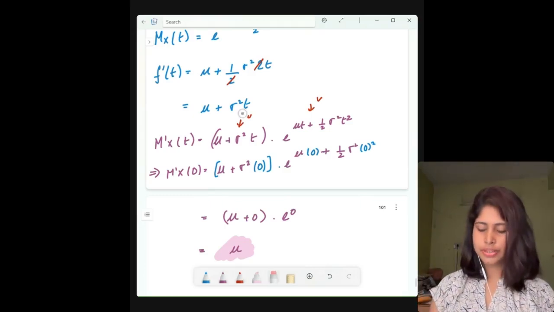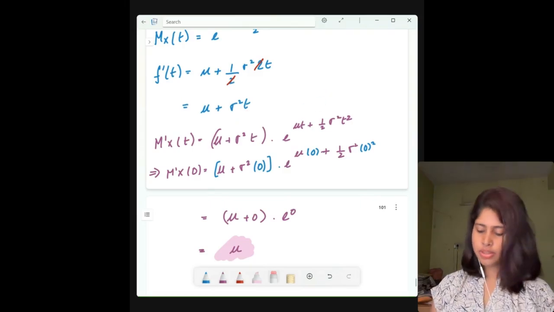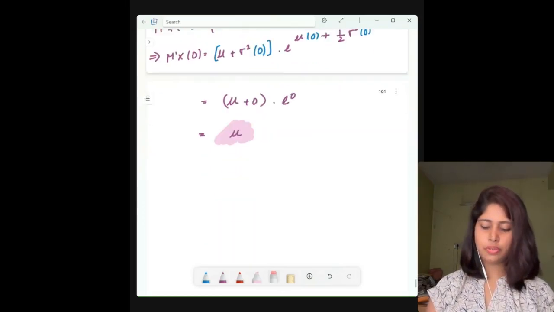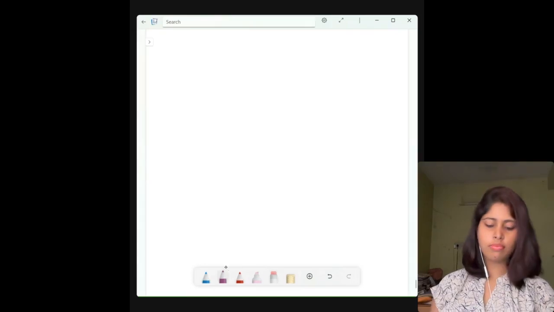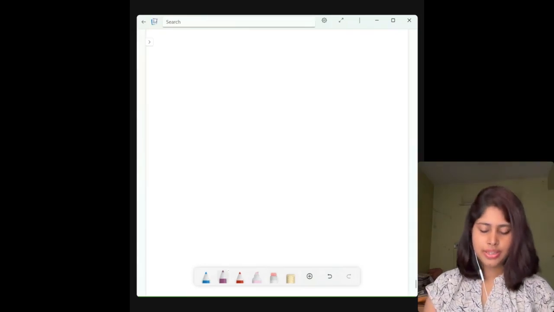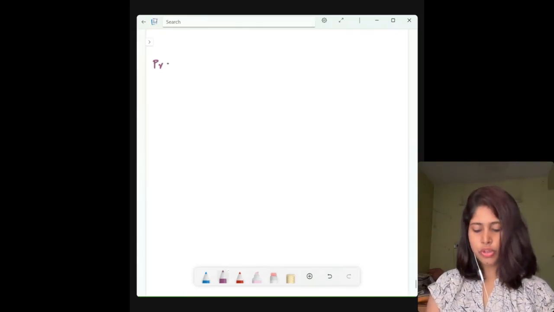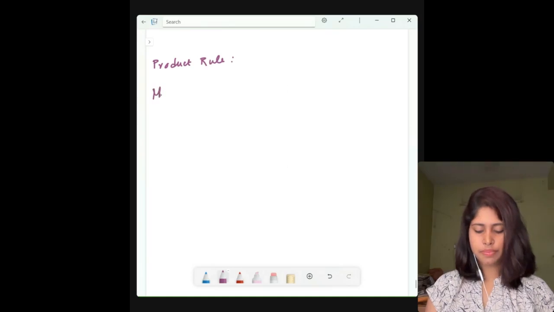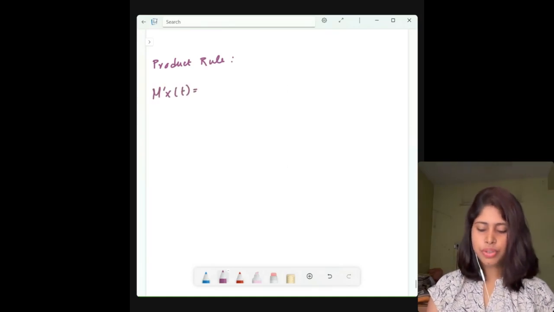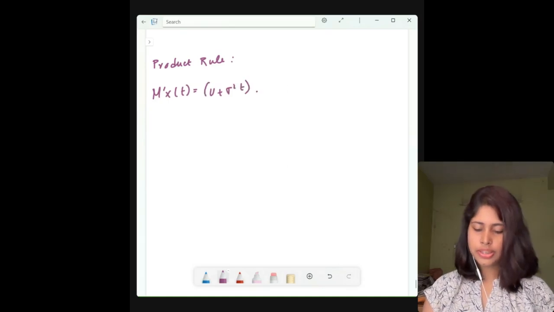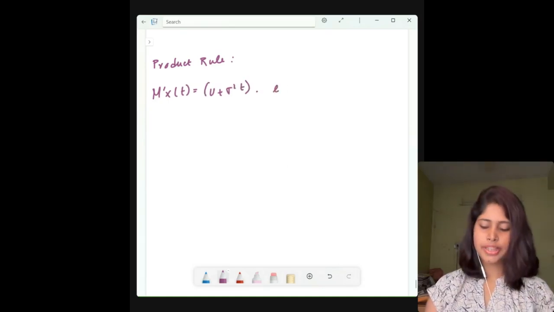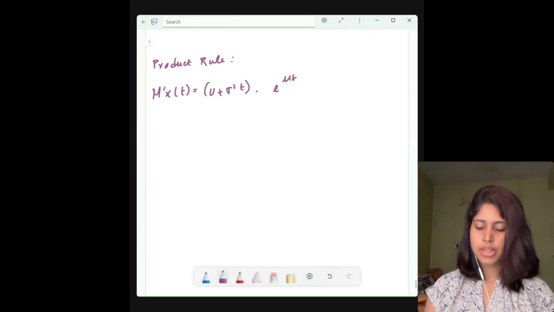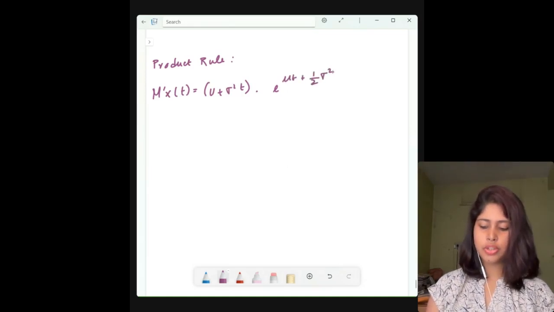Let me write it once again, so that it will be very easy for you to understand. We are going to apply the product rule. What is M dash X(t)? M dash X(t) is equal to (mu plus sigma square t) multiplied by e to the power (mu t plus half of sigma square t square).